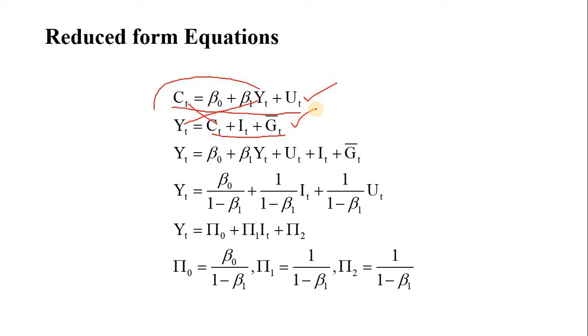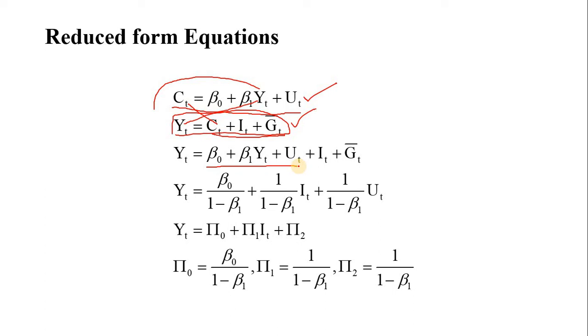Okay, now what we are doing is Yt. So here I am taking the second equation. Okay, Yt, look at Ct, Yt is equal to Ct. What is Ct? Yes, Ct is equal to beta 0 plus beta 1 Yt plus ut. So what I am doing is substituting the value of Ct in the second equation.